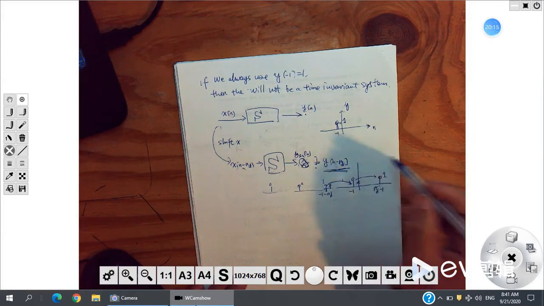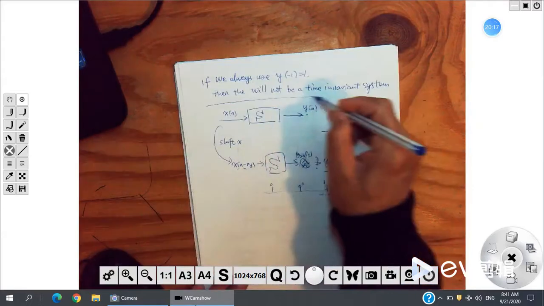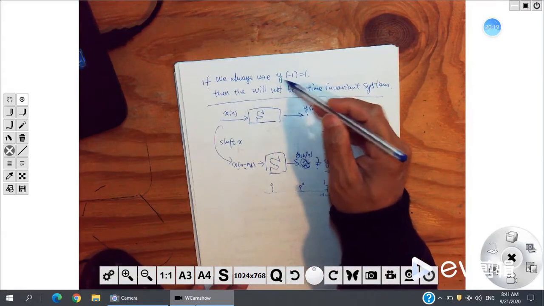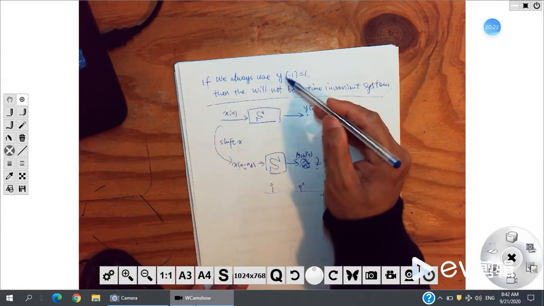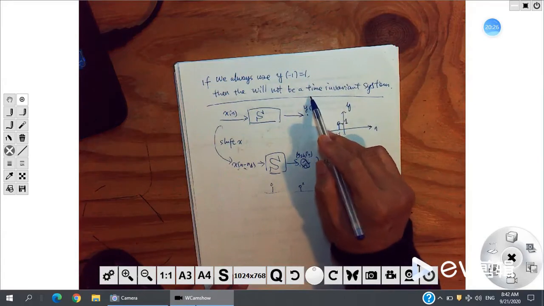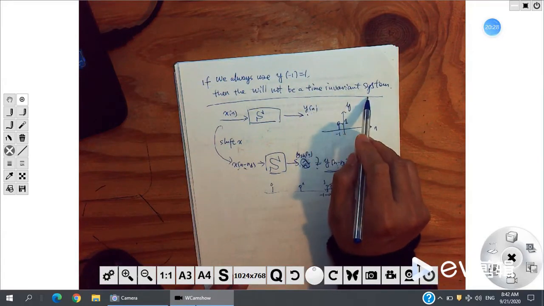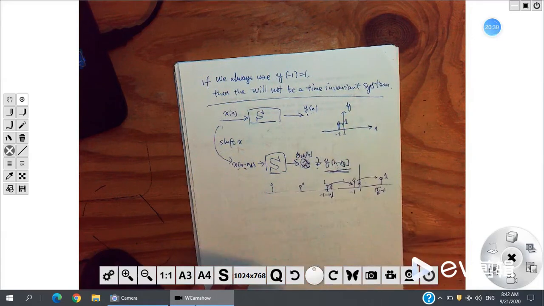So I will say, if you just use this unique initial value for all the system, all the output, then the system will not be time invariant. So LTI system can be described by difference equation.